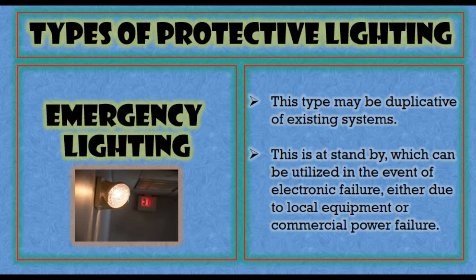Ang pagkakaiba lang po niyan dito sa emergency lighting, that is turned on only in times of emergencies na biglaan, sabihin natin biglaang nag-brown out. So yan po yung tinatawag natin na emergency lighting. So yung mga protective lightings that were installed that will automatically or can be turned on manually in times of emergencies. Okay? In such a way na nawalan ng kuryente.